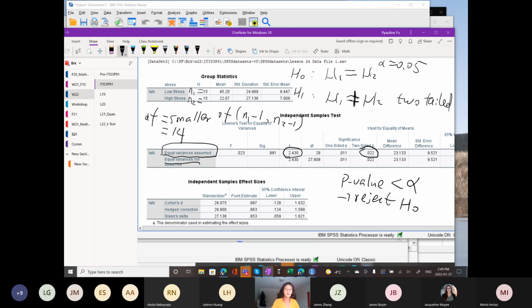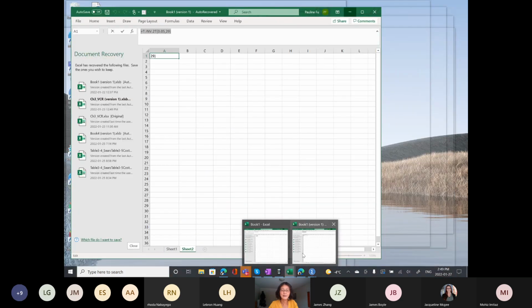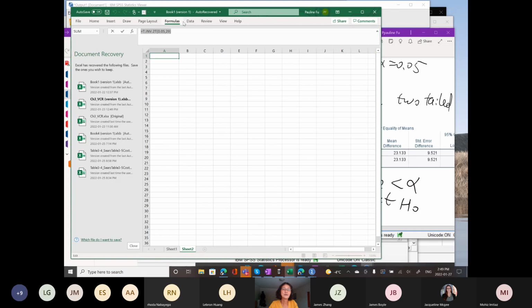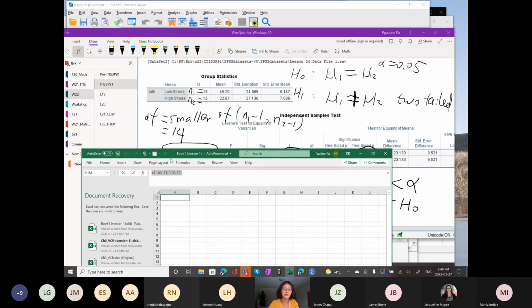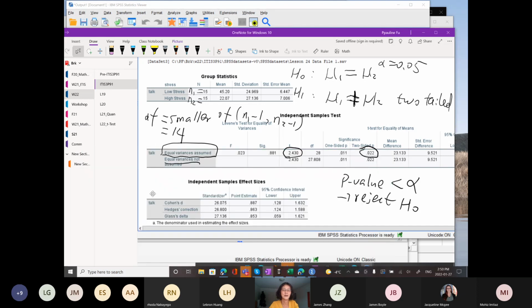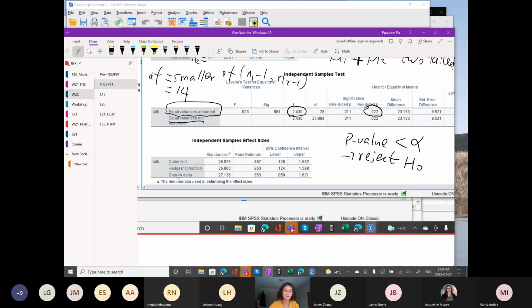Okay, if you use 14 as the degree of freedom, alpha is 0.05. So the critical value equals T.INV.2T, alpha 0.05, degree of freedom 14. So you get 2.144. 2.144 is the critical value. Okay, so I'm going to write down somewhere here.